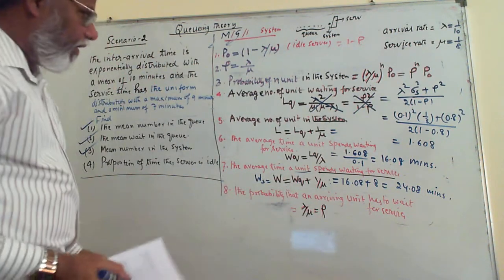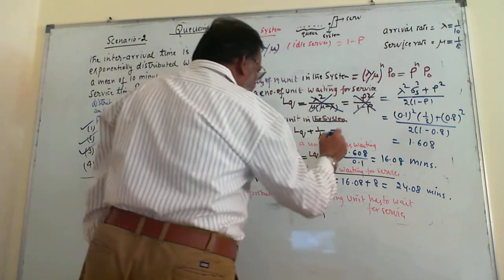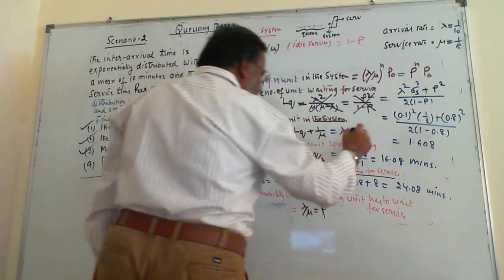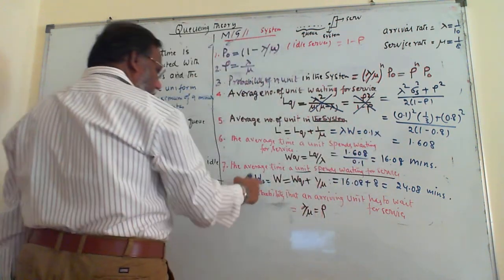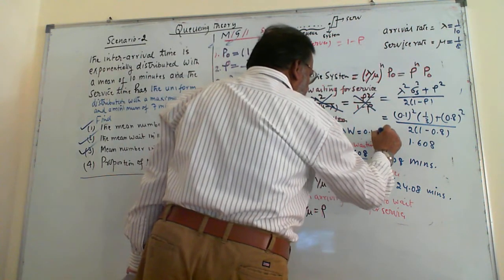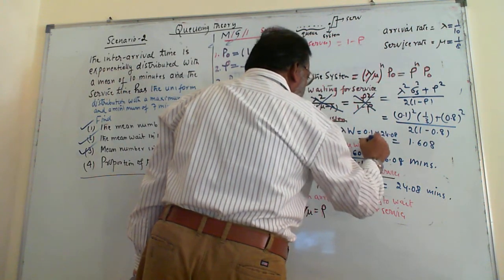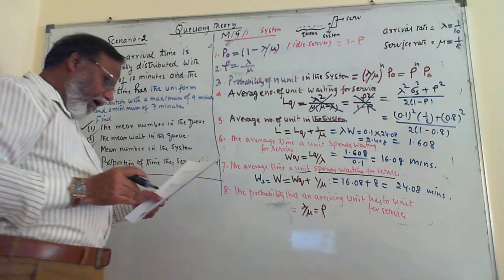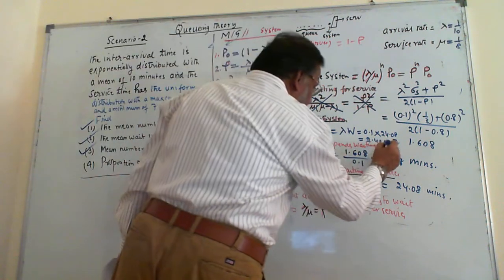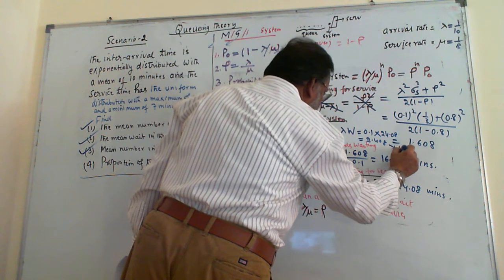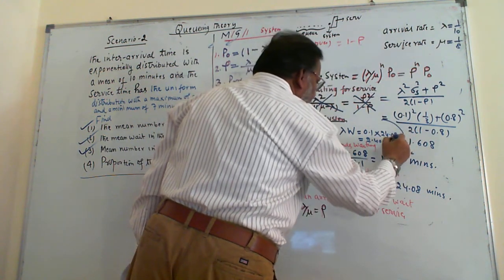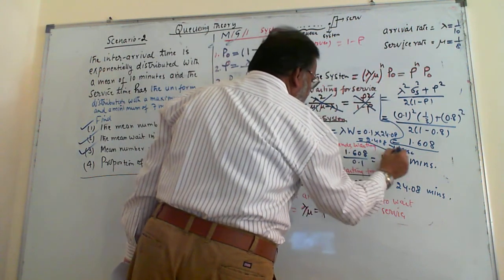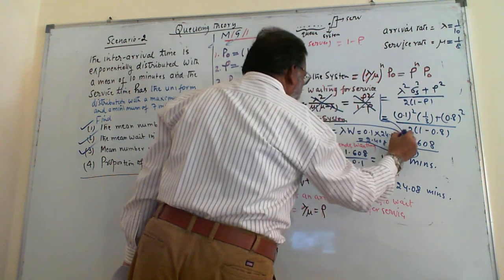The mean number in the system will be the value of L, which is simply lambda times W, so 0.1 times 24.08, which gives 2.408. This is the number in the system, these many people.